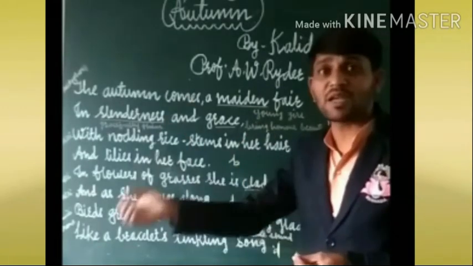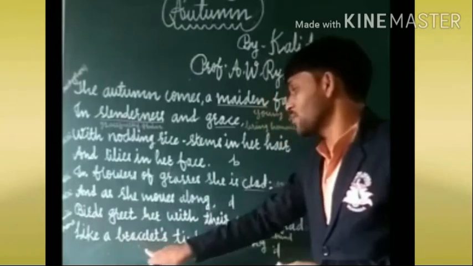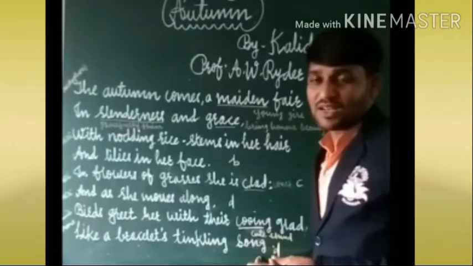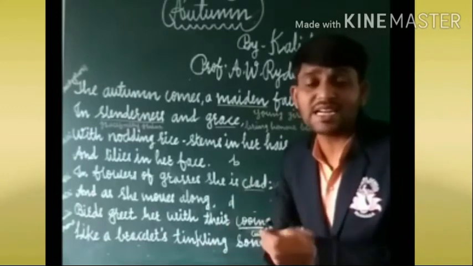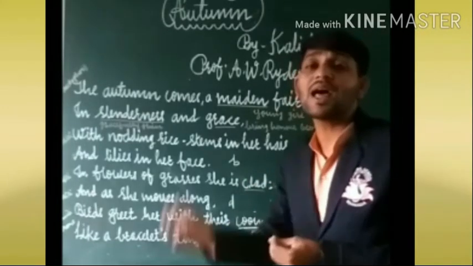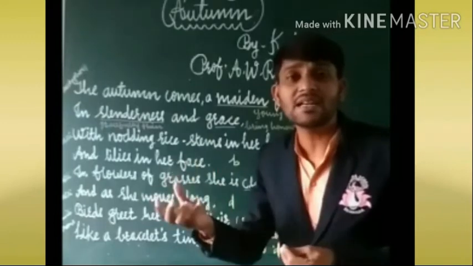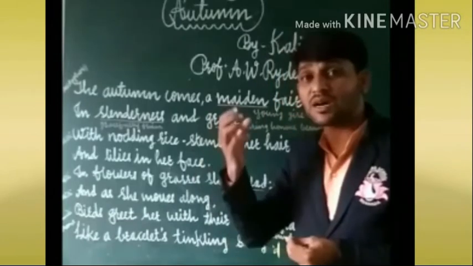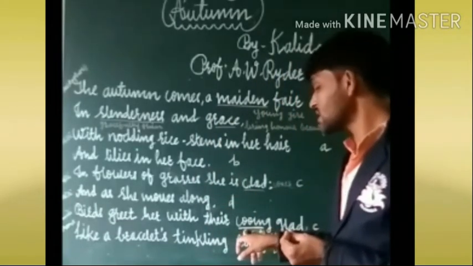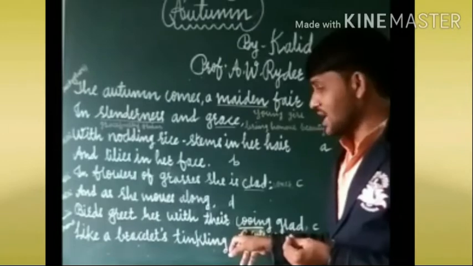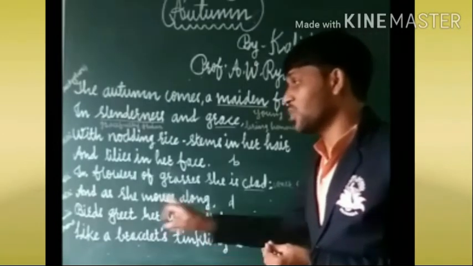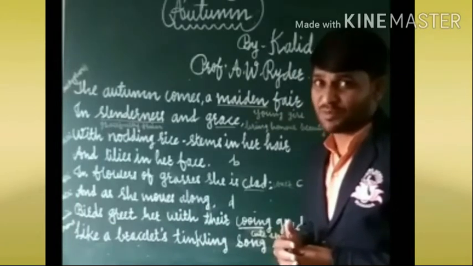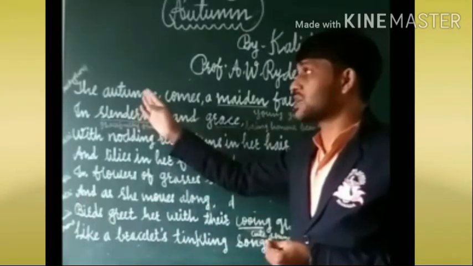That means they are welcoming a girl, like a bracelet's tinkling song. When the girl wears a bracelet on her hand and moves her hand, it creates a tinkling sound, which is compared with the cooing sound of birds. And that's how the birds are welcoming the beautiful girl, that means they are welcoming the autumn season.